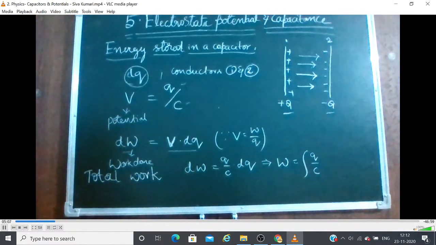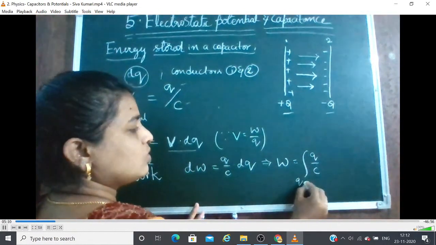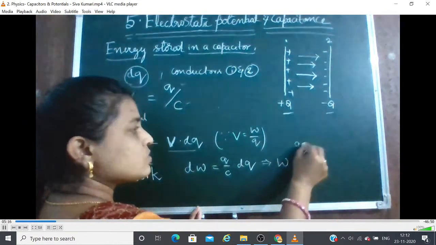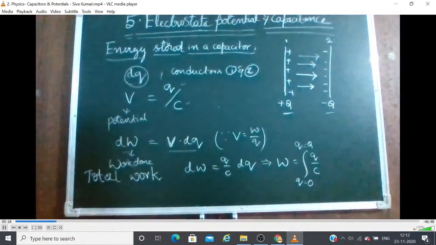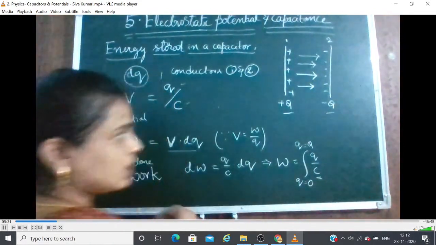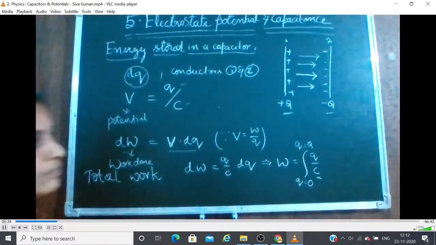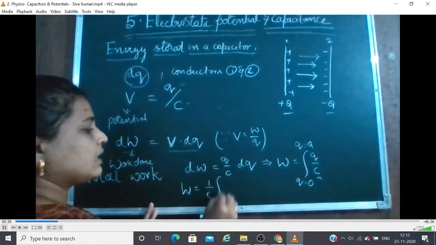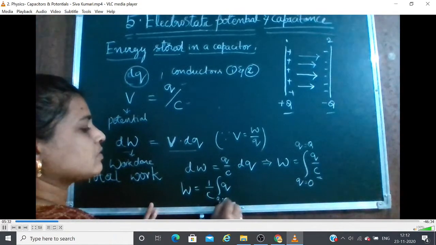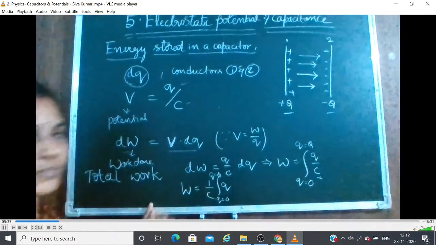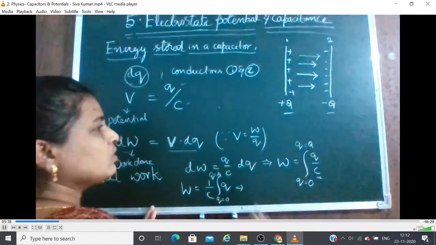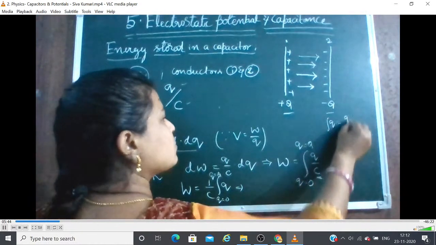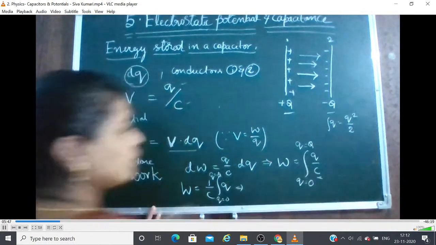From where to where? Initially it is uncharged, so from Q equals 0 to Q equals Q. As C is constant, the capacitance of that capacitor is constant. So W is equals to 1 by C integral Q dq from 0 to Q. The integral of Q is Q square by 2 according to the formula.